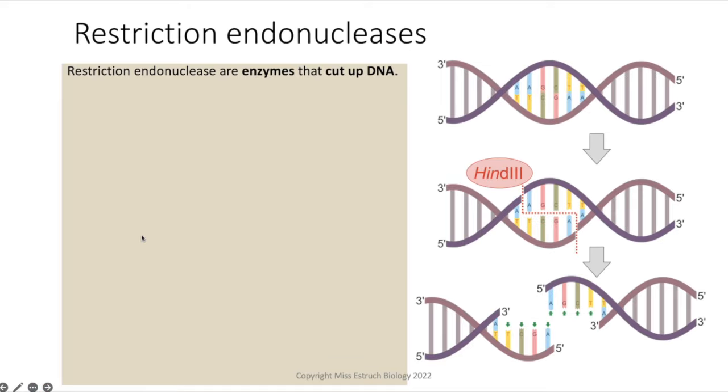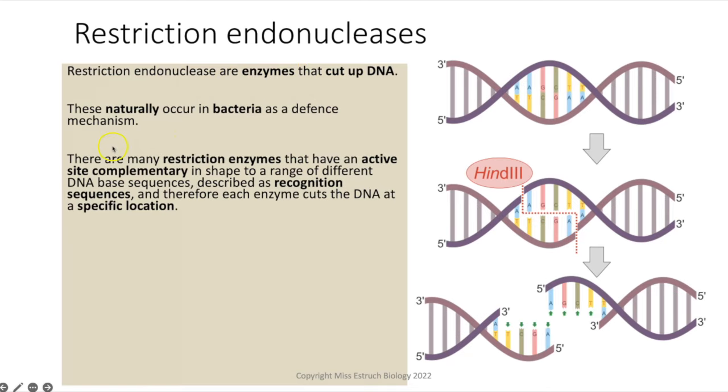Restriction endonucleases is another method, and these are enzymes that cut up DNA. And these naturally occur within bacteria as a defense mechanism. There are many different restriction enzymes that have an active site complementary in shape to a range of different DNA base sequences, because that is what the active site is.